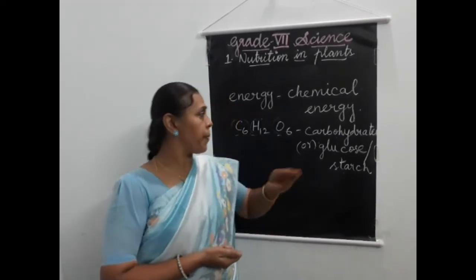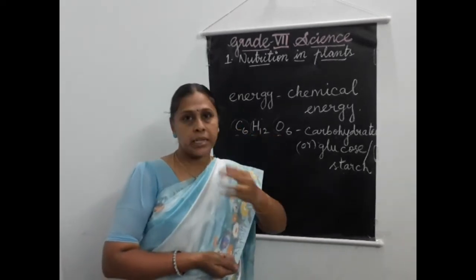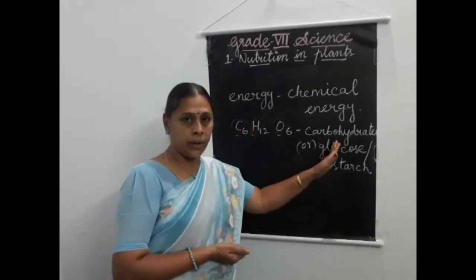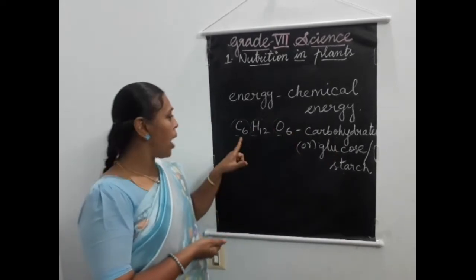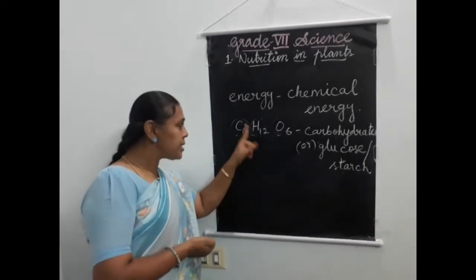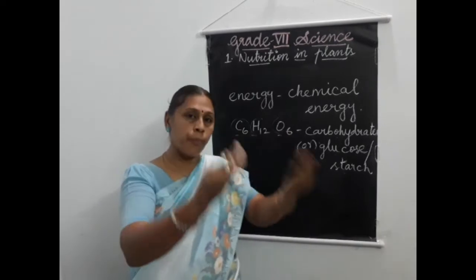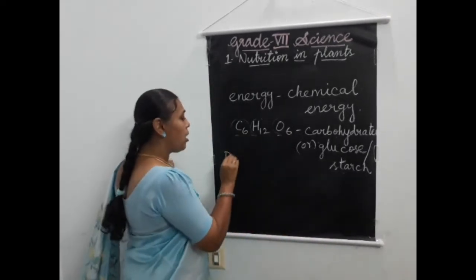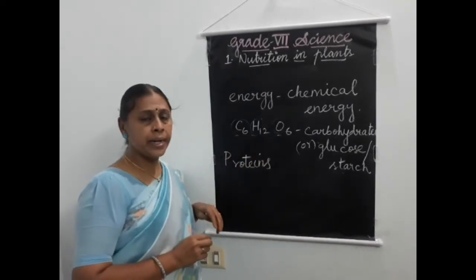The plants prepare carbohydrates using carbon dioxide and water in the presence of sunlight. The component of that carbohydrate is carbon, hydrogen and oxygen, and these are used to form the other nutrients such as proteins, fats, vitamins and minerals.